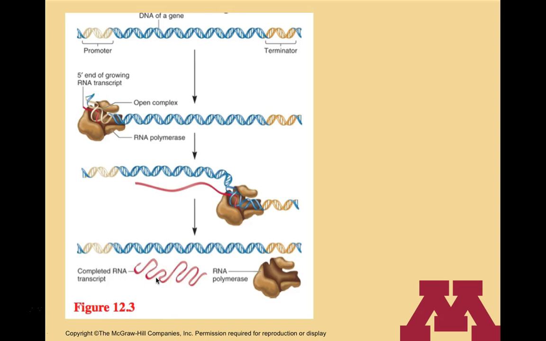Generally, the termination stage is just a terminator enzyme that binds to a termination site, and it causes the RNA polymerase to release and also a completed RNA transcript. Then this RNA transcript is ready to be translated into protein.